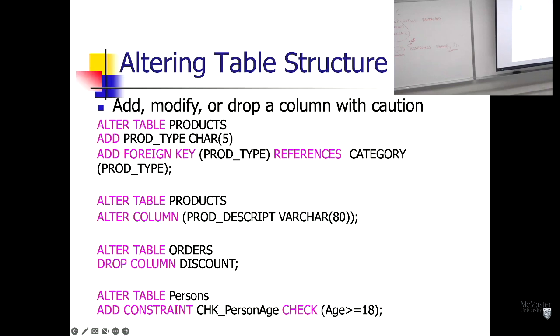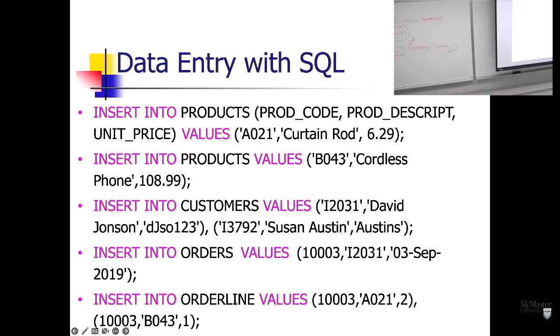Another example, alter table products. Now we want to alter a column in a table. So alter table and then alter column, product description, varchar 80. Previously we defined the data type of product description. I'm not sure what we defined it.